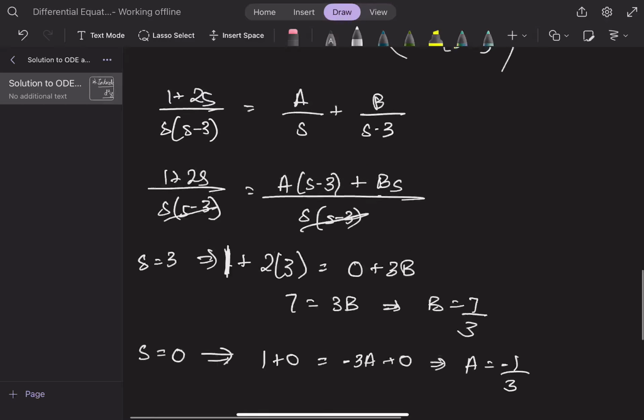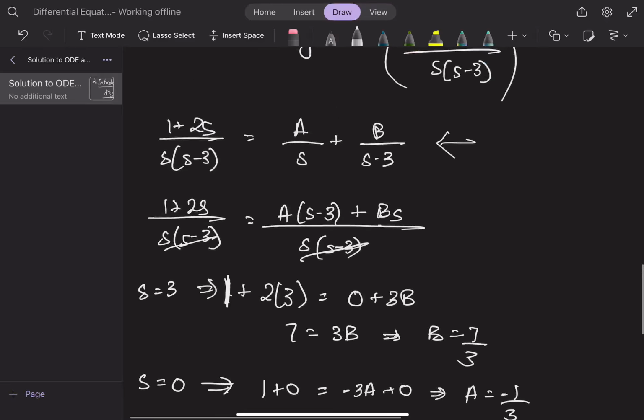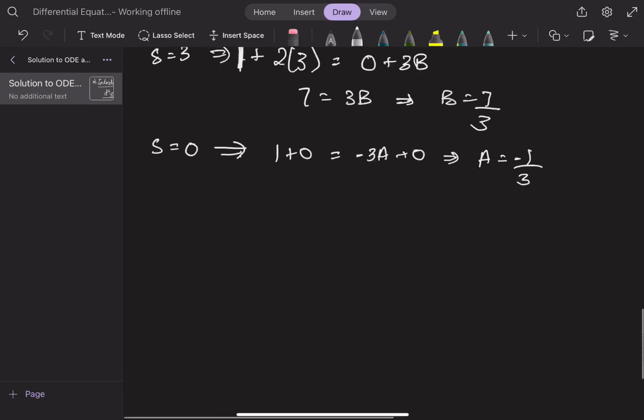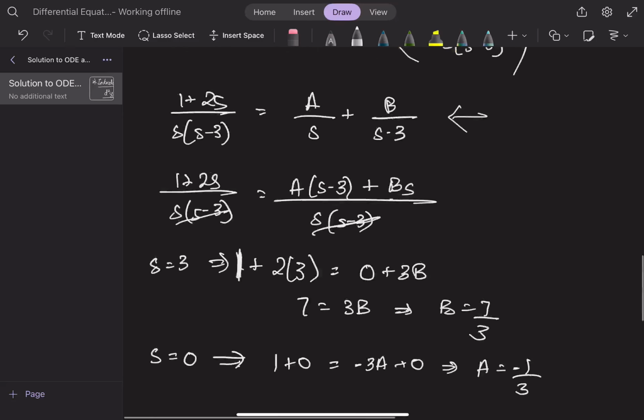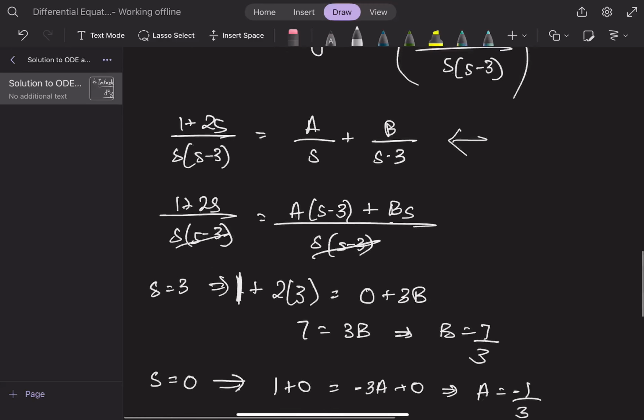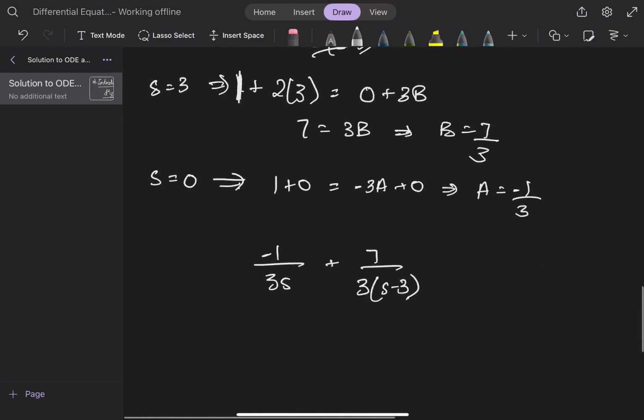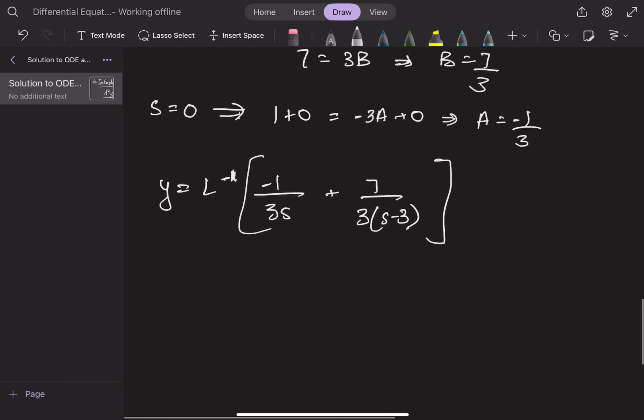So let's put this back over here. So you will get minus 1 by 3s plus 7 by 3(s minus 3). This is the value that we need to find. y is Laplace inverse of this whole thing.